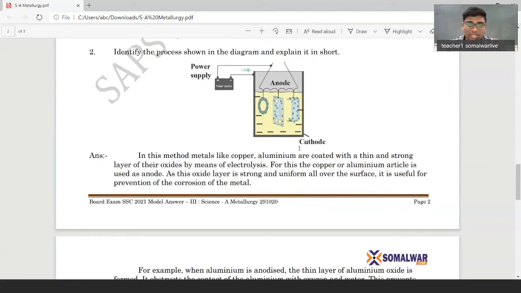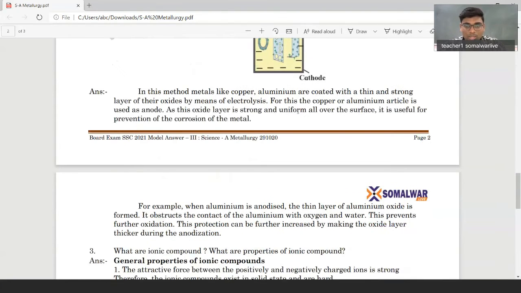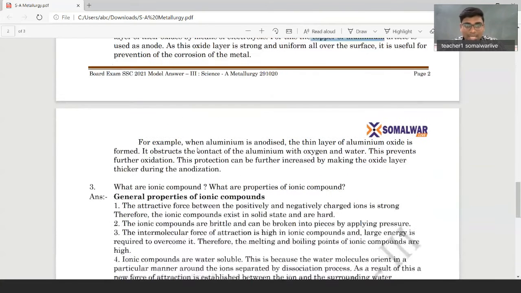The coating of one substance over another is generally called the galvanization method, where we use copper and aluminium articles as anode and other material as cathode. It is one of the best methods to prevent corrosion of metal. Okay, so you can always read this. It is very important.